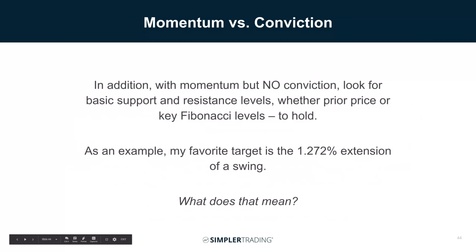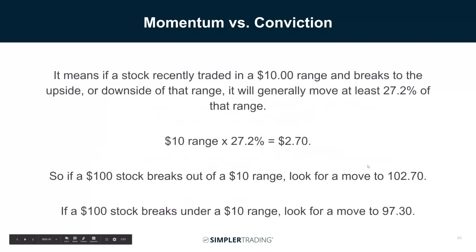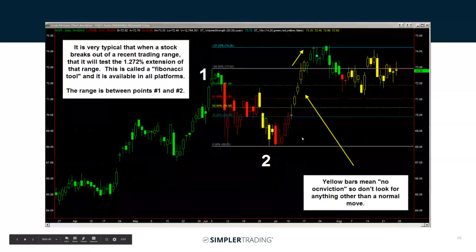In addition, with momentum but no conviction, look for basic support and resistance levels to hold, whether prior and key Fibonaccis, okay? So for Fibonaccis, that's a confusing slide, so we'll just go look at this. Take a look at this. This is very important.